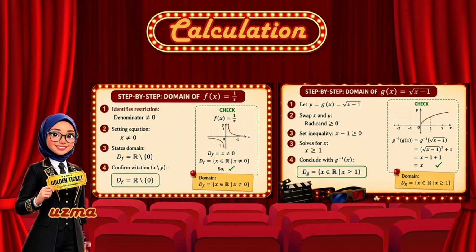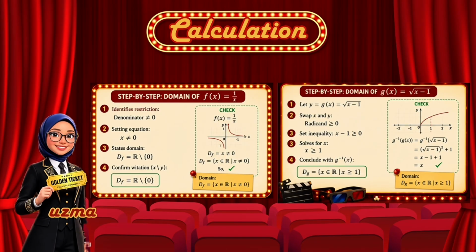Next, for g(x) equals square root of x minus 1, steps 1 and 2, for a square root to yield real numbers, the expression under the radical must be non-negative, which means equal to or more than 0. Steps 3 and 4, which involve solving the inequality, where x minus 1 is greater than or equal to 0, gives us x greater than or equal to 1.